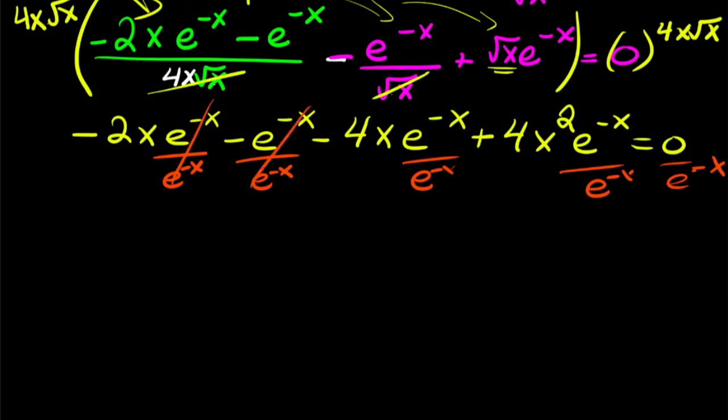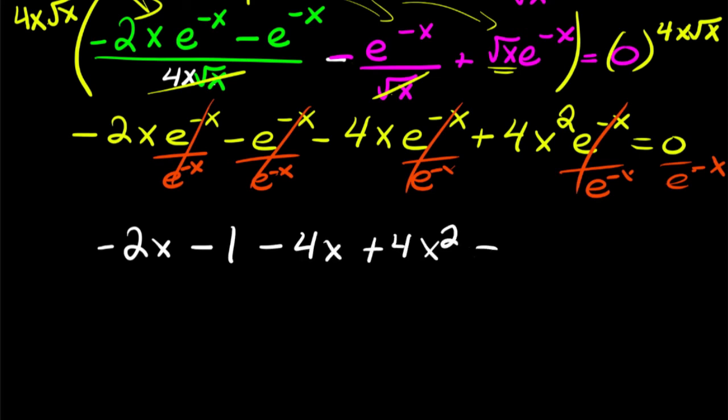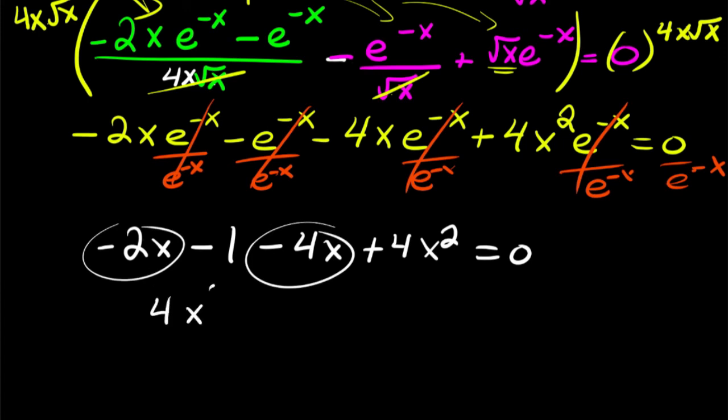And that's going to get rid of all of these. Now be careful with this one, that's still 1. So that's going to be minus 2x minus 1 minus 4x plus 4x squared is equal to 0. Now if you combine these two, you would get 4x squared minus 6x minus 1.